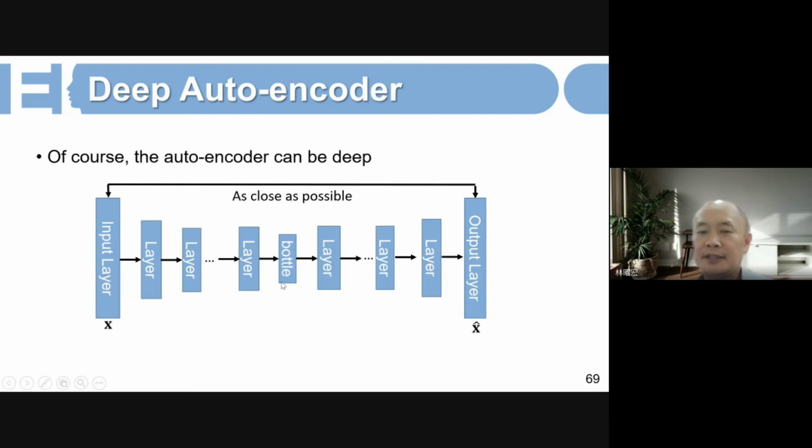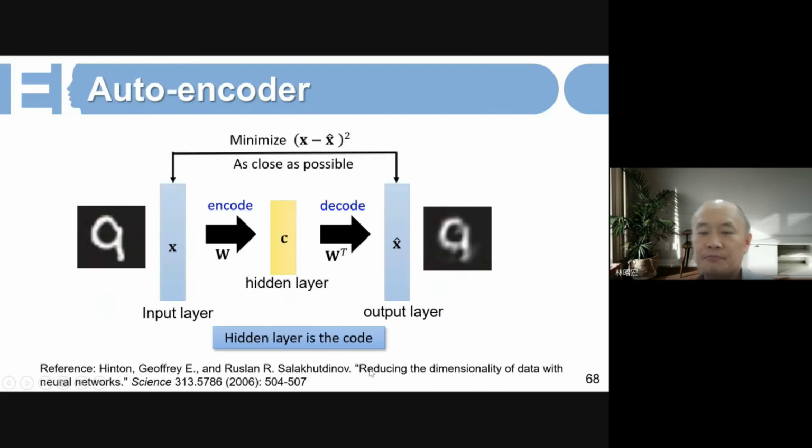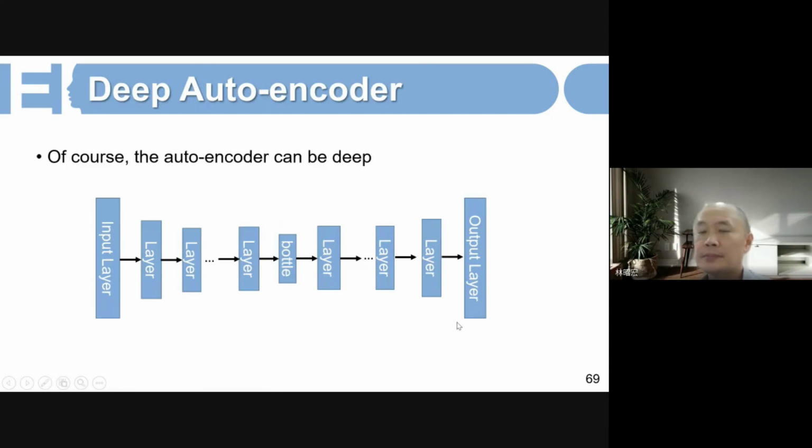The purpose here is to extract the code. The original purpose is to reduce data dimensionality, like PCA, and the paper here proves this way is already better than PCA. But in these 10 years, the autoencoder has been applied to a lot of different applications.